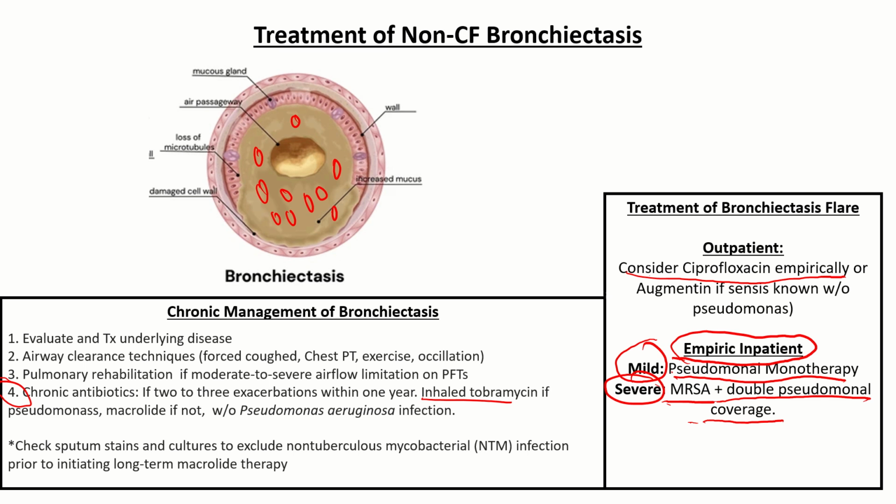So really look at all their previous sputums and cover for the most resistant pathogen you can find. Also, obviously, get ID and maybe talk to your antibiotic pharmacist to consider what to use in these patients, because they can have really chronic infections with highly resistant organisms.